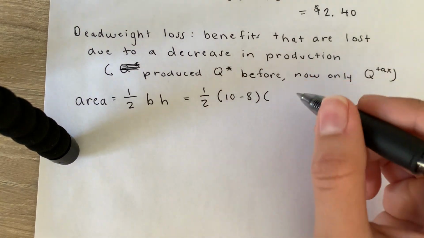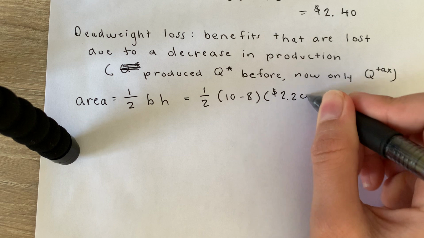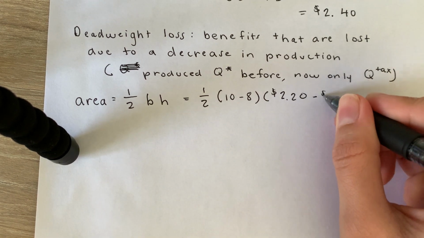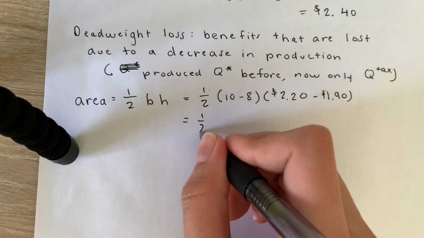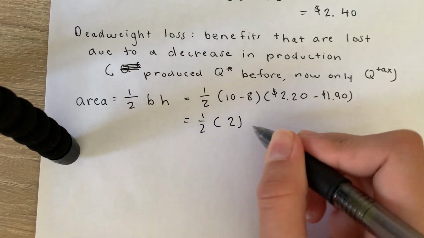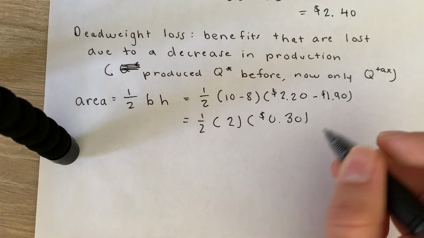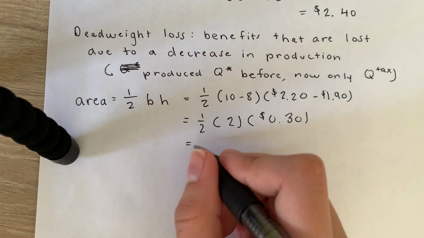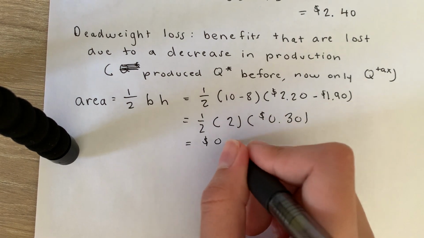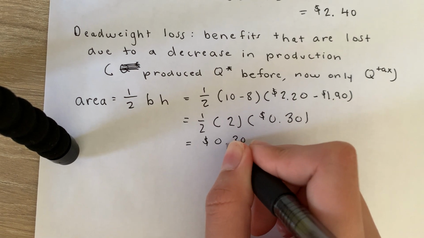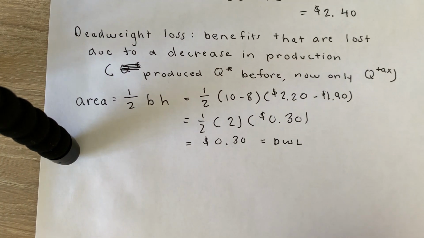This gives me 1/2 times 2 times 30 cents. 1/2 times 2 is just 1, times 30 cents is just 30 cents. So 30 cents is our deadweight loss.